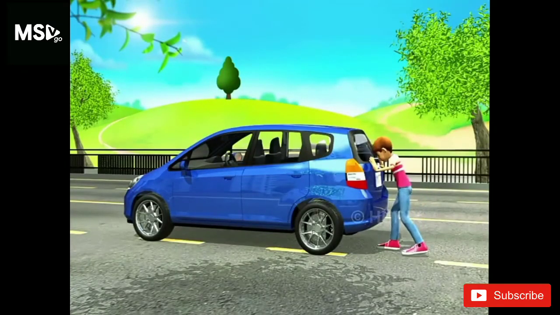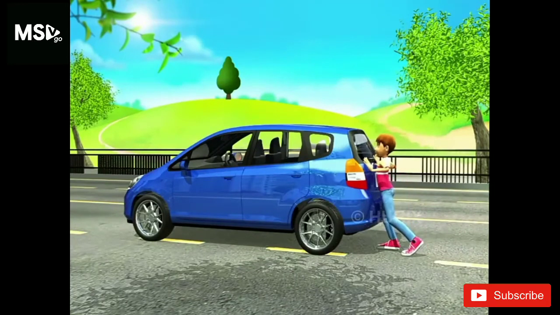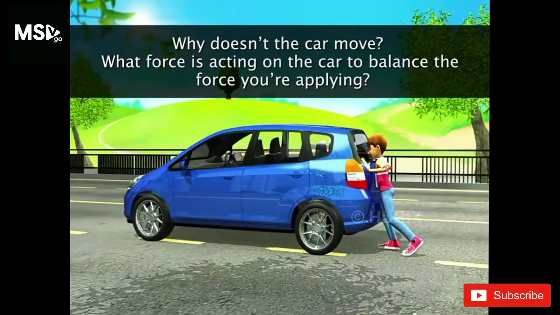Consider a scenario where your family car has broken down and you need to push it to the edge of the road or into a car park. The road is rough. Initially, when you start pushing, the car doesn't move at all. Why doesn't the car move?